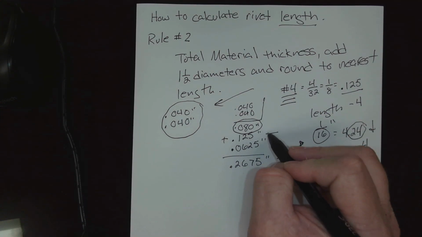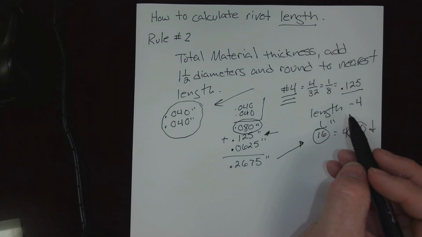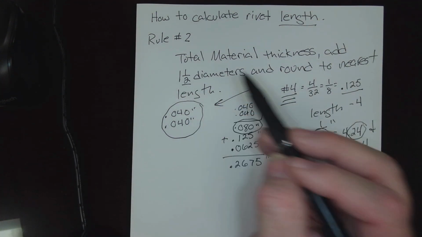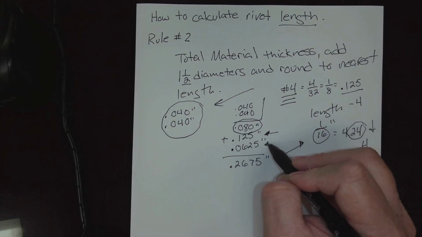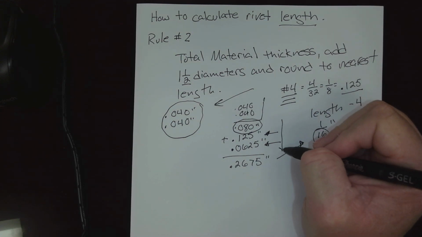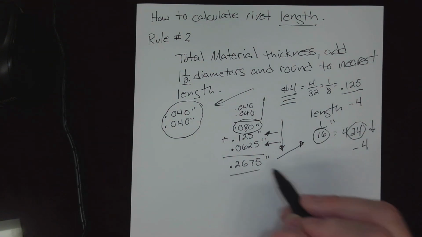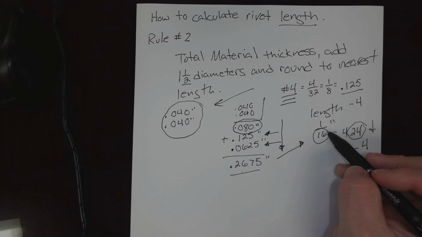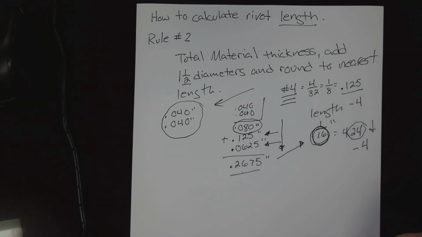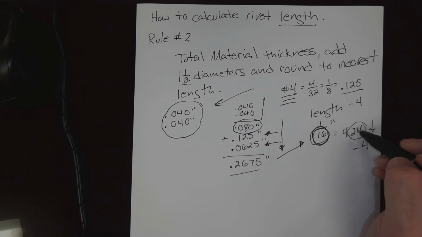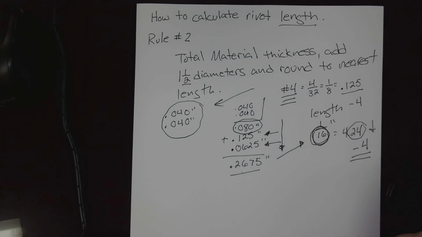So we added 1 diameter to our list, but the rule calls for 1.5. So we took that, halved it, put that on our list, then we simply totaled everything down to arrive at this number. We multiplied it by our desired denominator. Lengths are always in 16ths. We come up to a 4.24, and in this case, since it wasn't 4.5 or greater, we didn't go to a number 5, we rounded down to a -4 rivet.